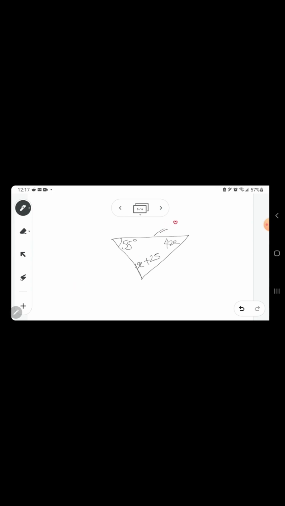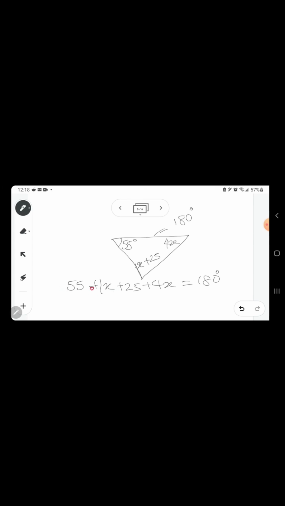Same way we worked it out, let's write it down. Don't forget the three must be equal to 180 degrees. So we can say 55 plus x plus 25 plus 4x equals 180 degrees. Now, don't forget that this x has an invisible one beside it. Any letter standing on its own in algebra has an invisible one by its side, because 1 times x is x.